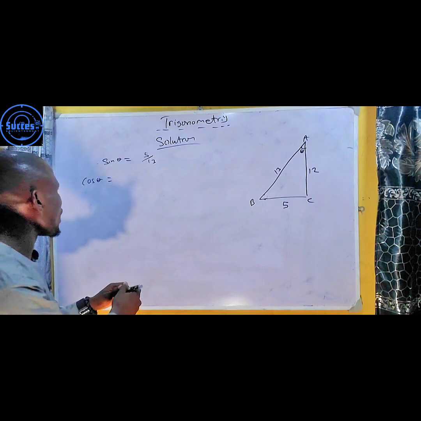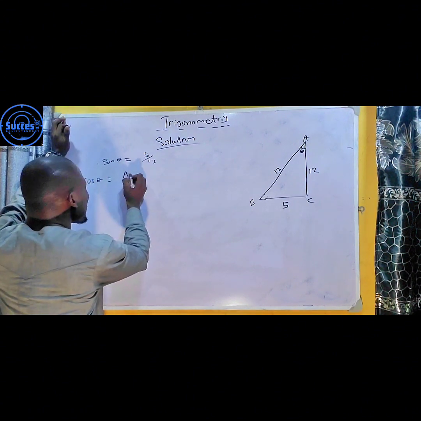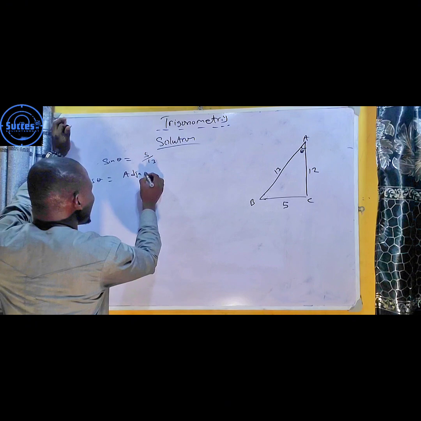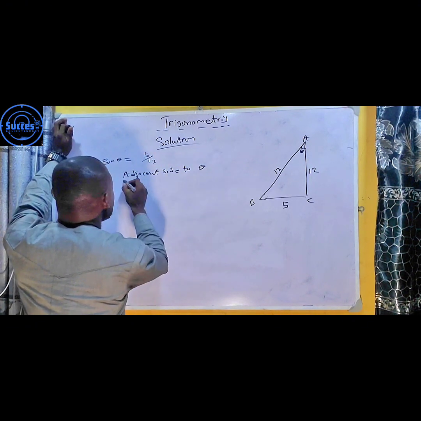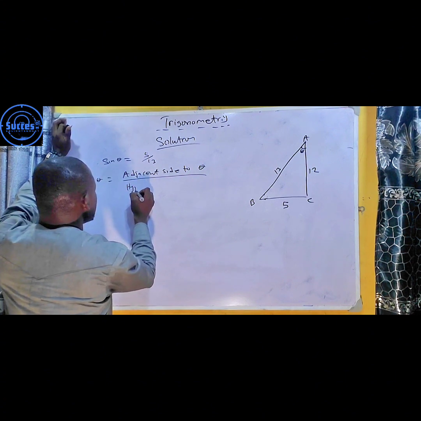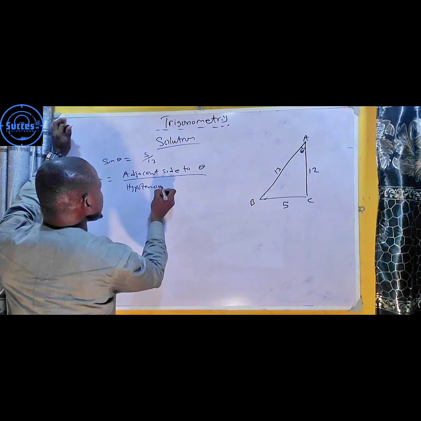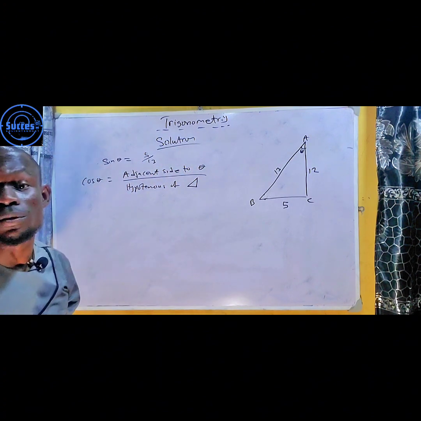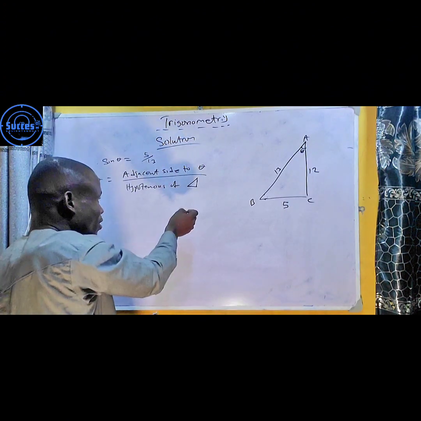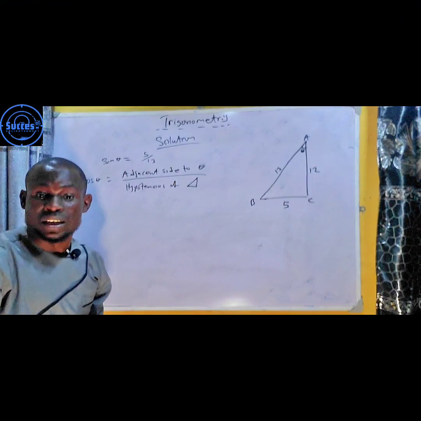What it is, cos theta equals, you write it first, the adjacent side to theta all over the hypotenuse of the right angle triangle. You don't need to write right angle triangle in full; just put a small right angle triangle symbol, which already denotes right angle triangle.